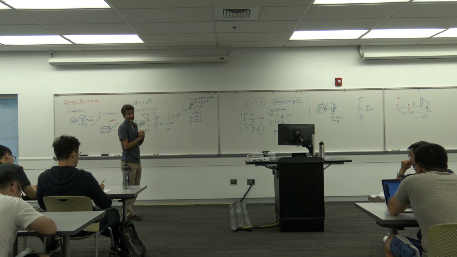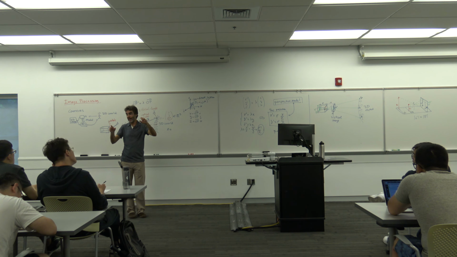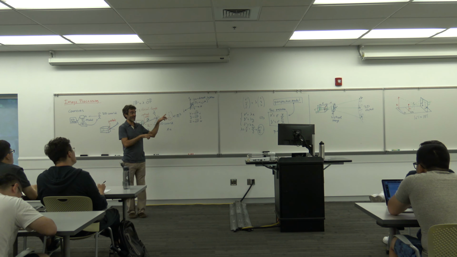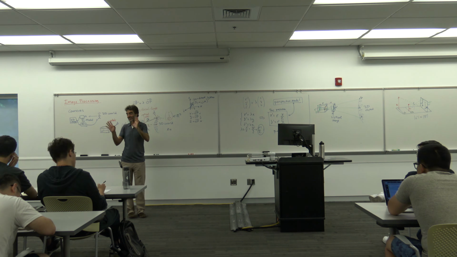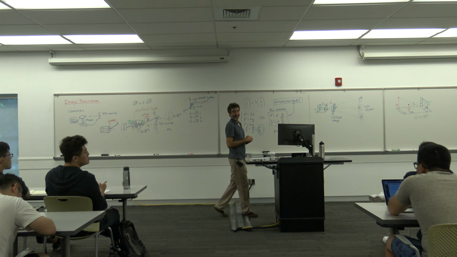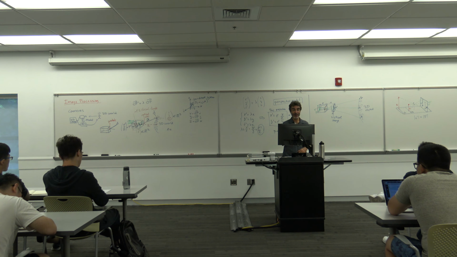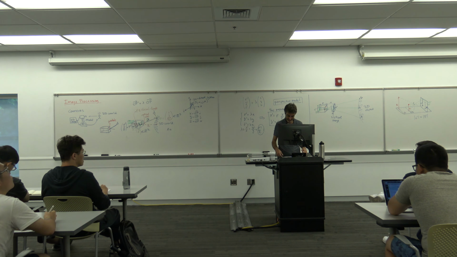That is hugely problematic. I see people taking pictures. I have better drawings of this in the slides posted online. You're welcome to take pictures, but honestly, the images online are computer generated, and it doesn't matter how hard I try, I can never do as good as a computer, right?